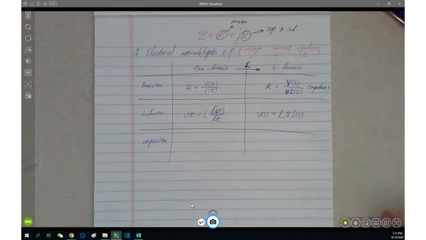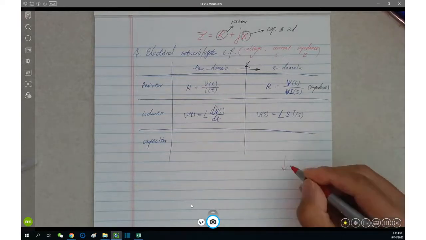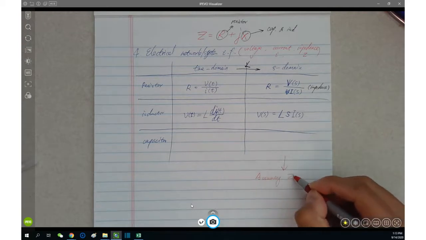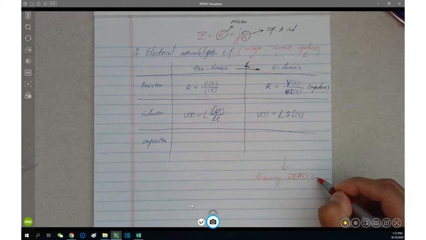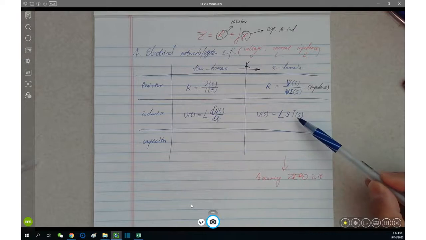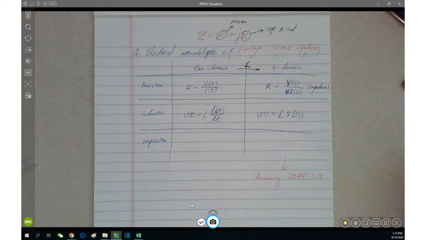We are once again assuming zero initial values, which makes things easier. This is how we end up with this. The reason follows one of the handout formulas: the Laplace transform of a derivative gives you an s.